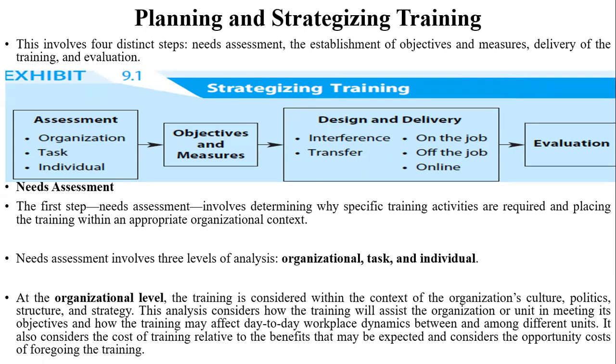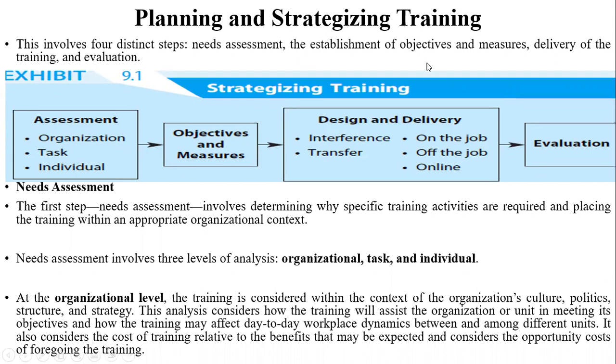So the planning and strategizing of any training or HRD intervention for an organization is a 4-staged activity involving these assessments, the establishment of objectives and measures, the delivery of training program, and the evaluation of the training program.